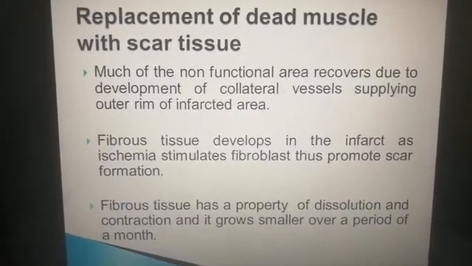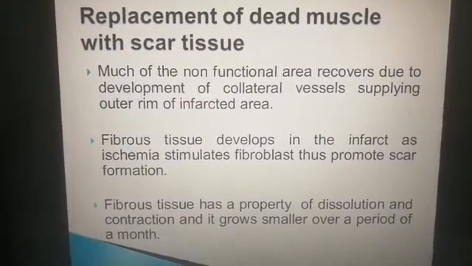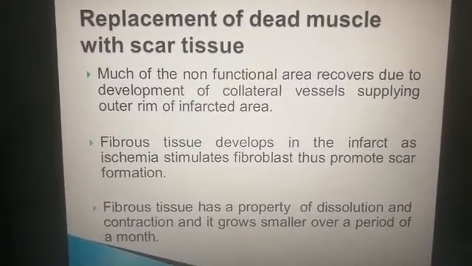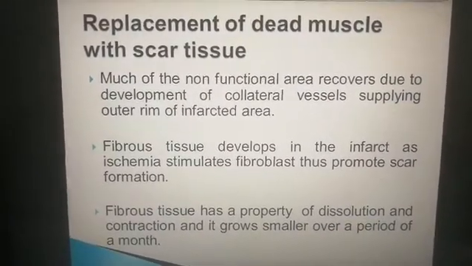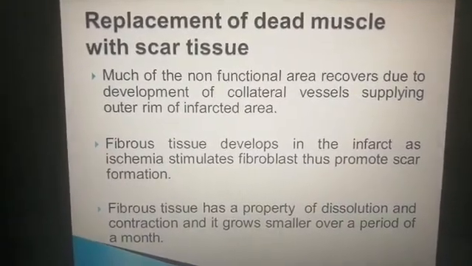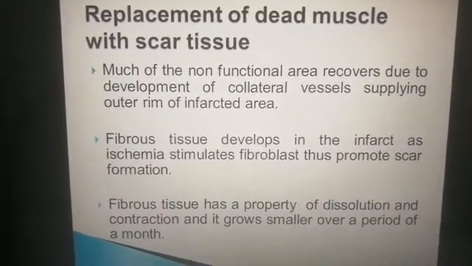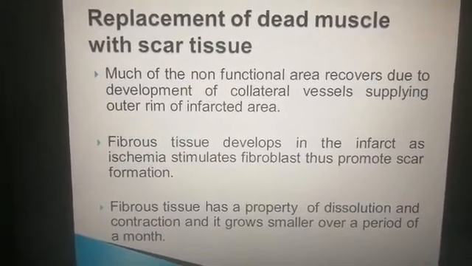So due to the development of collaterals and ischemia-induced fibroblastogenesis, the development of fibrous tissue and collateral vessels will lead to replacement of dead muscle.